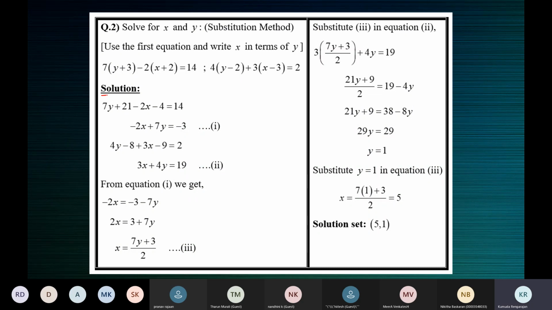This is our first equation, 7 into y plus 3 minus 2 into x plus 2 is equal to 14. This is the first one.